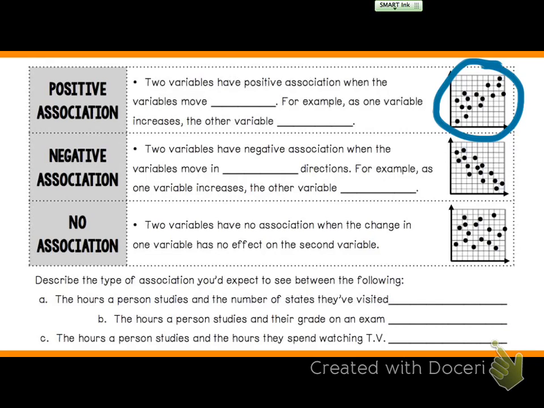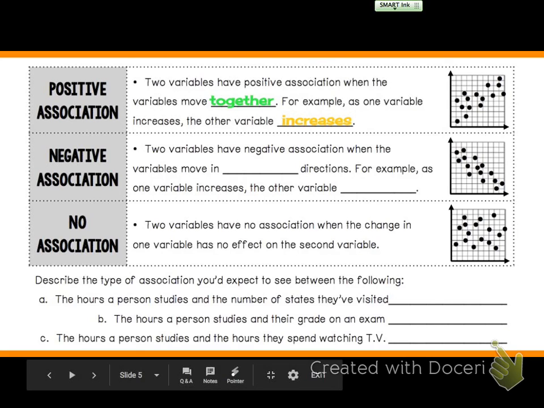So you see as the Y is increasing, so is your X, because the points are going up. Okay? So two variables have a positive association when the variables move together, for example, as one variable increases, the other variable also increases.